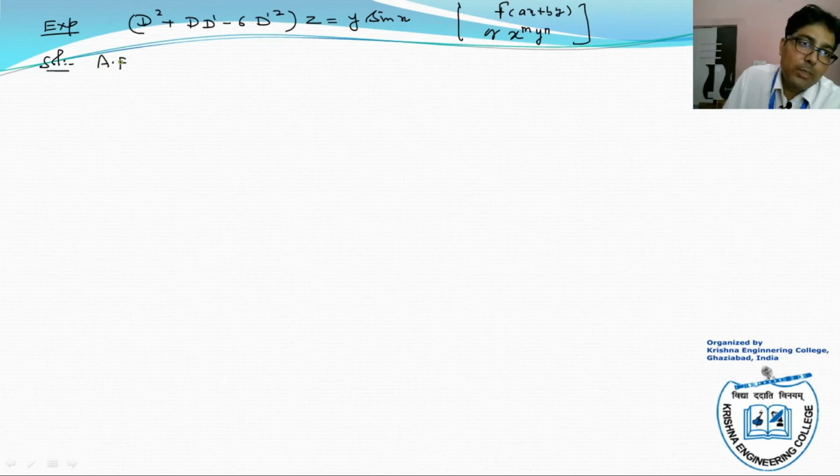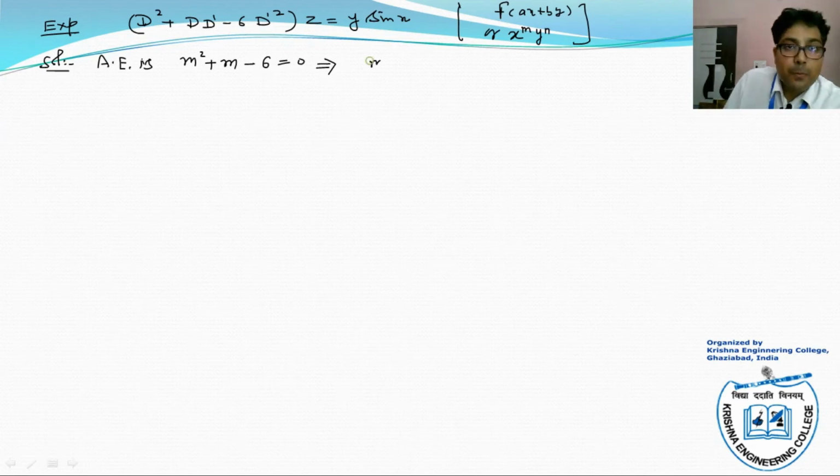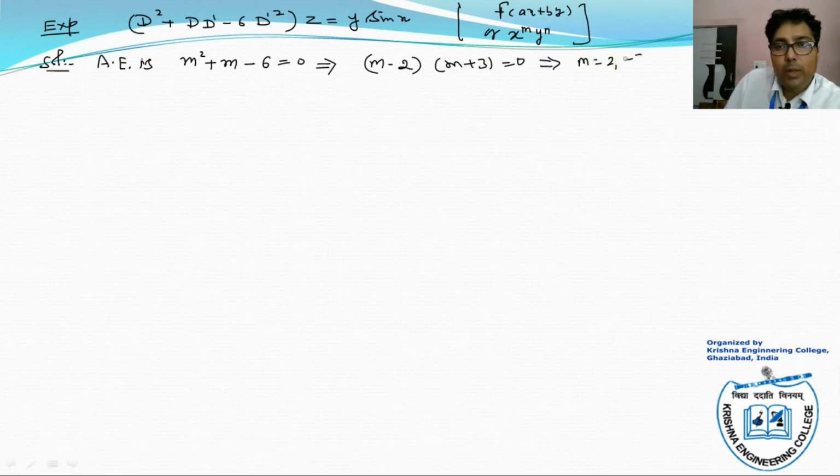Solution. Auxiliary equation: put D by m and D dash by 1. So m squared minus m minus 6 is equal to 0. Now factorize it. We get (m minus 3)(m plus 2) is equal to 0. So we get m is equal to 3 and minus 2.